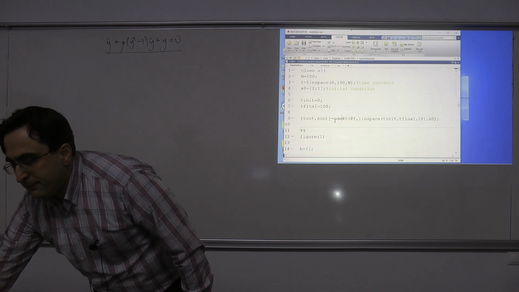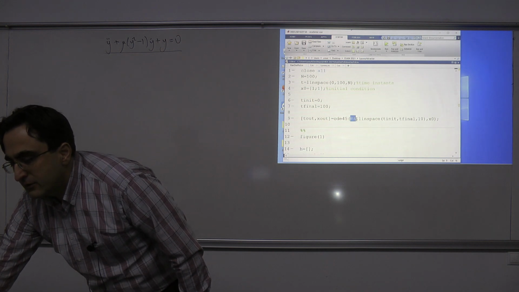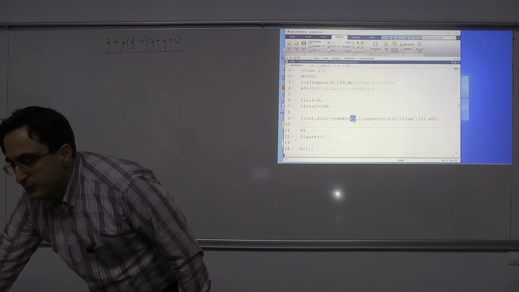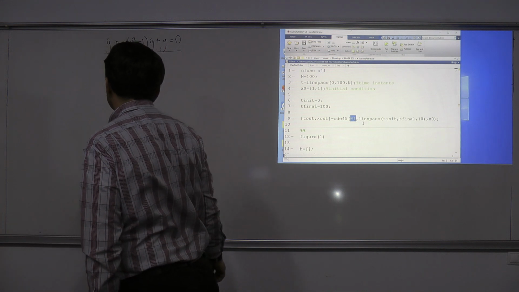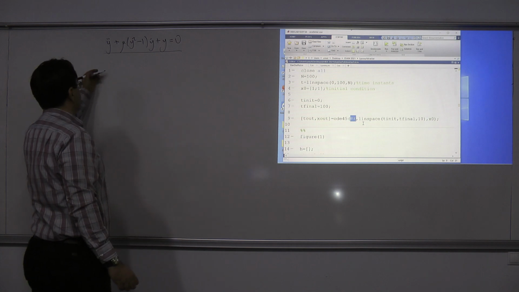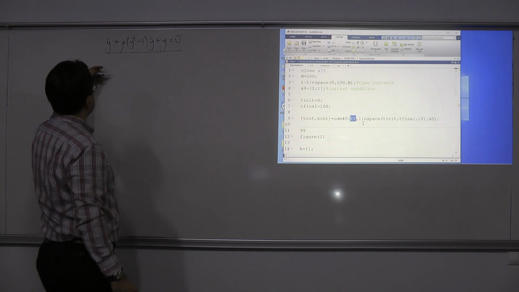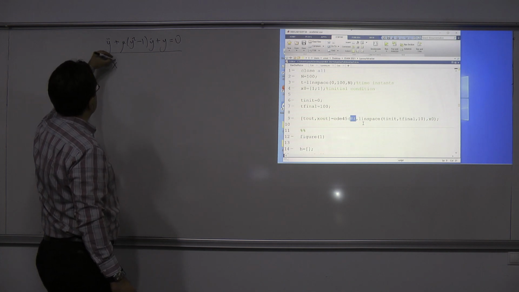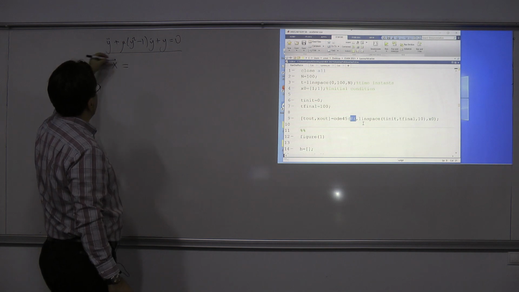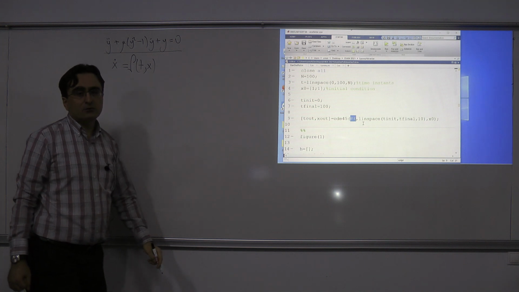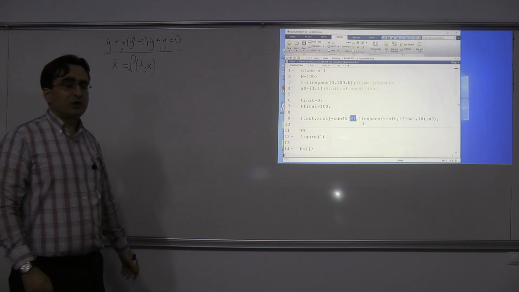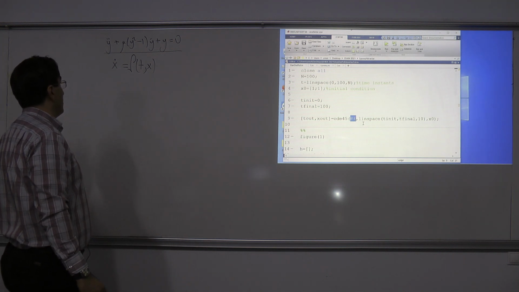And this ODE function takes three different inputs. The first input is the so-called function f. So in MATLAB, in order to be able to solve a differential equation, you need to bring your differential equation into this form. X dot is equal to f of t, x. Okay? So you need to bring your differential equation into state space form.